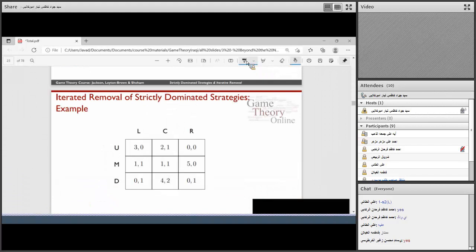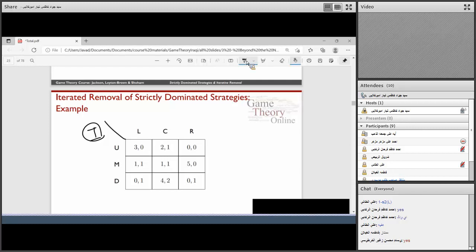Iterated removal of strictly dominated strategies. So let's compare for user 1 if we have a dominant strategy.